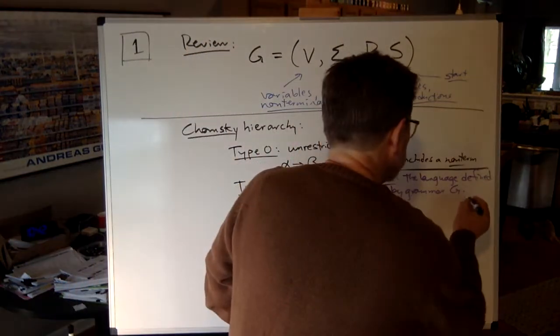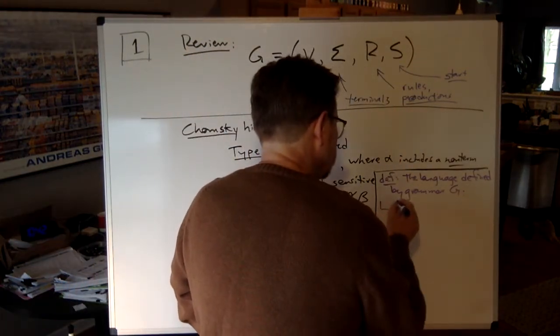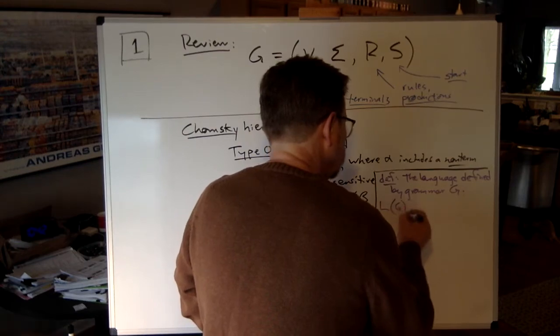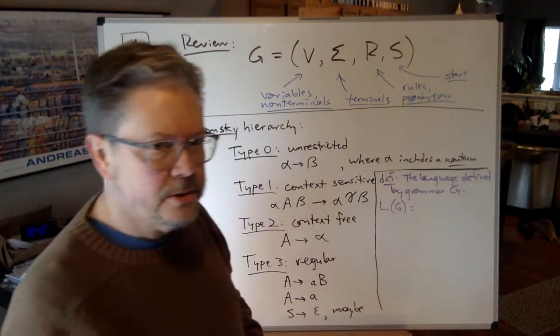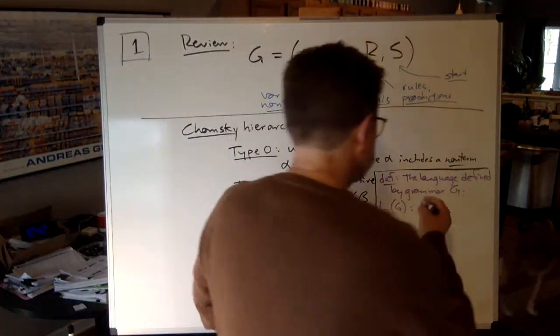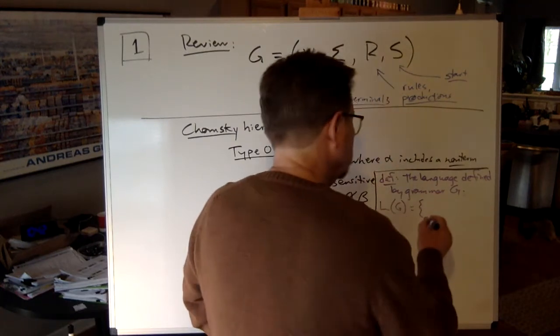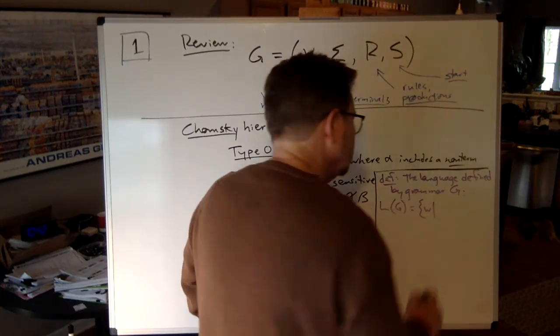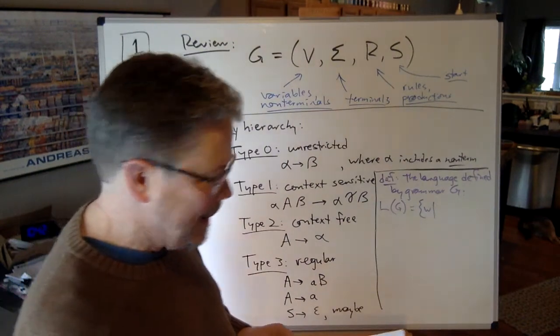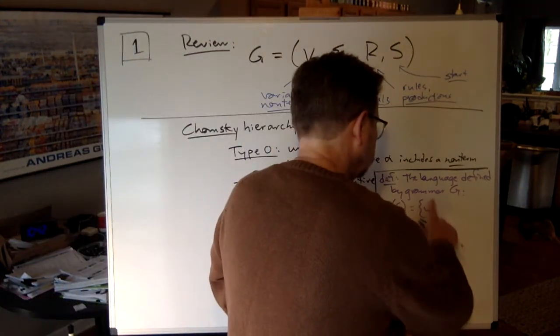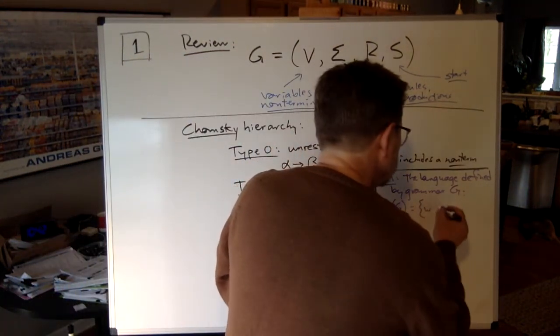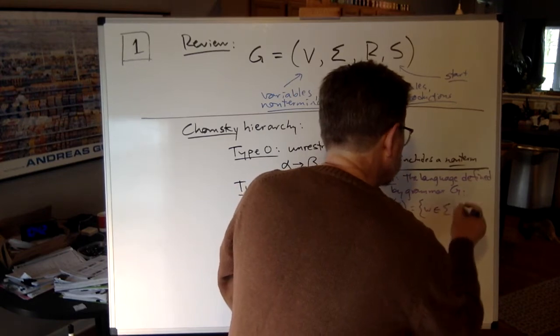The language defined by grammar G is written like this. It looks like a function. L of G, where G is in parentheses, equals this set of strings. Curly bracket, the set of all possible little w's that are an element of capital sigma star.